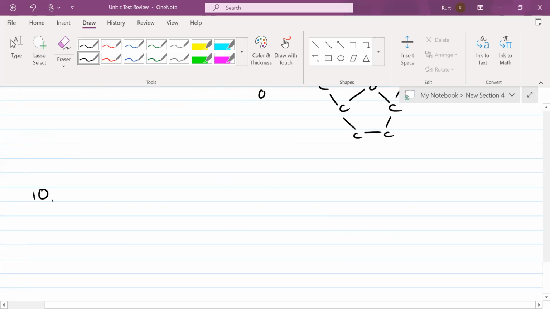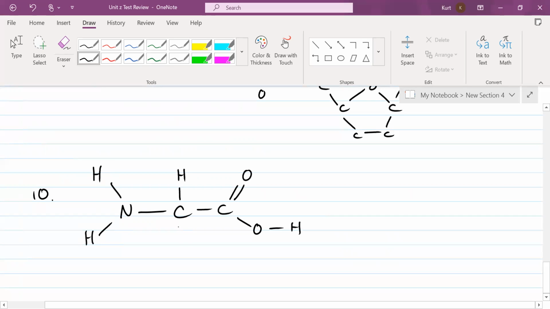Draw the structure of a general amino acid. All right, let's do that first. Label the carboxyl group. Which one of those is the carboxyl group, Andre? The right side.